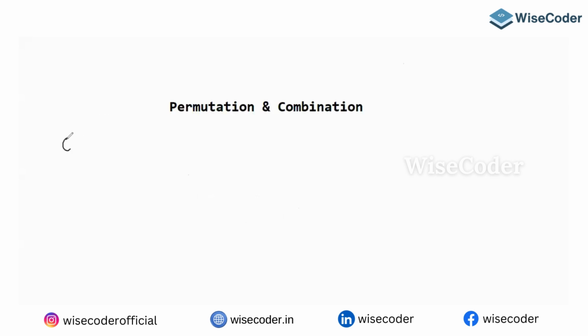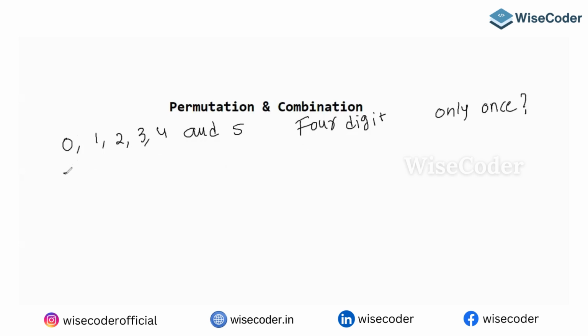Using digits 0, 1, 2, 3, 4, and 5, how many 4 digit numbers can be formed, using each digit only once? Yeah, these are the digits.